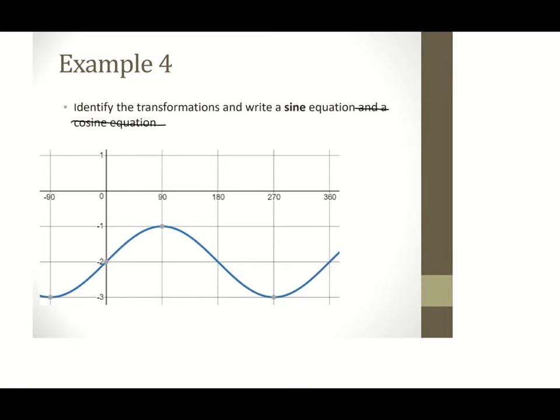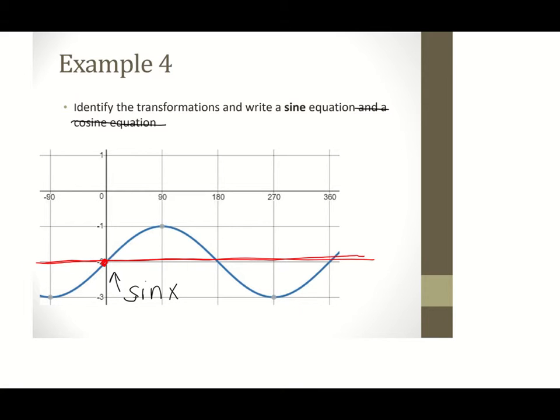If I establish where my midline is, it's what splits this in half, so it's the same above, same below. So here's my midline. Now I am 1 above, 1 below, so I don't have any amplitude. I didn't multiply. But I start on my midline.